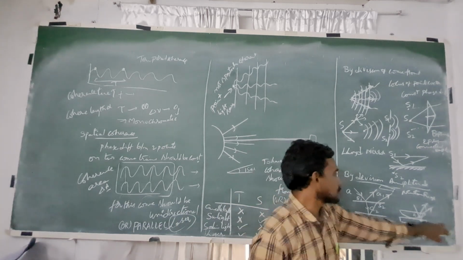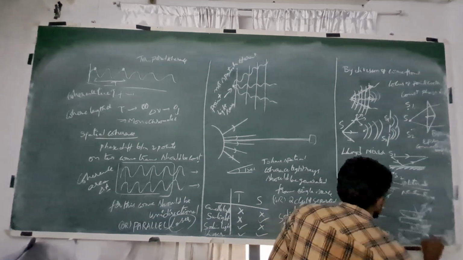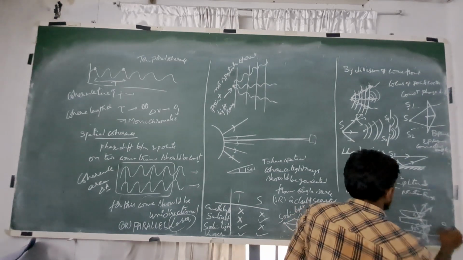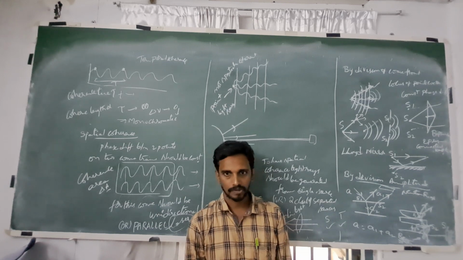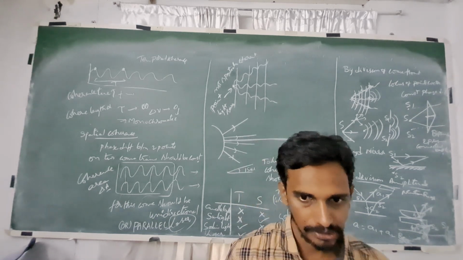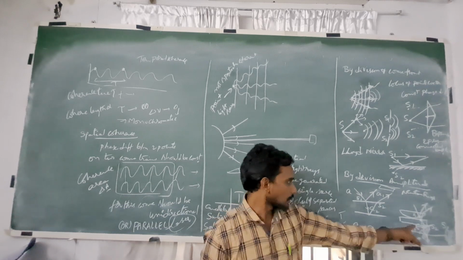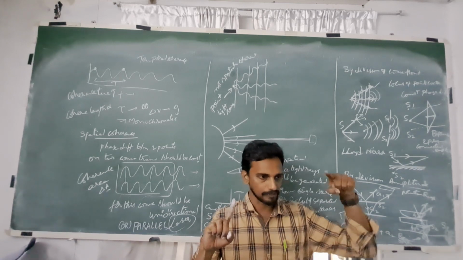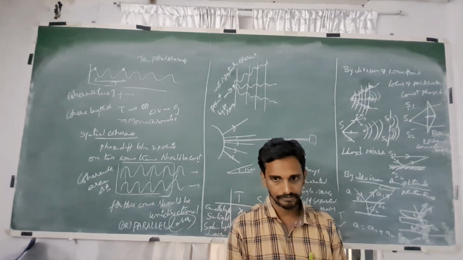So on the other end we set two perfect mirrors. Then we can see an interference pattern here. So this acts as source 1, this acts as source 2. So the two rays are reflected back onto the beam splitter by using two perfect mirrors. Then those two light rays will generate an interference pattern.